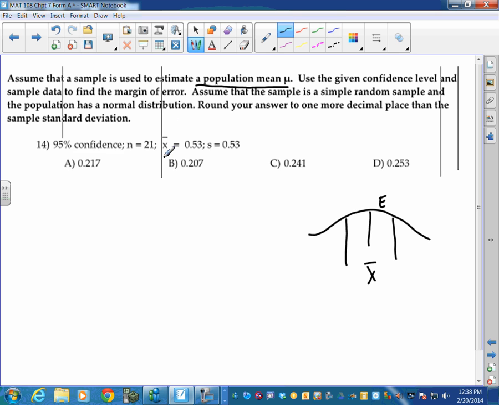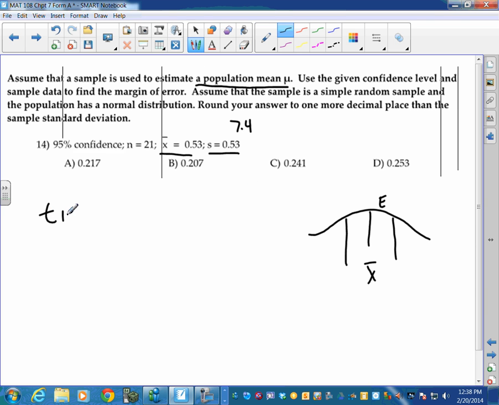They give you X bar and they give you S. So which board is S? 7.4. So how can you find your interval? You can use T interval.